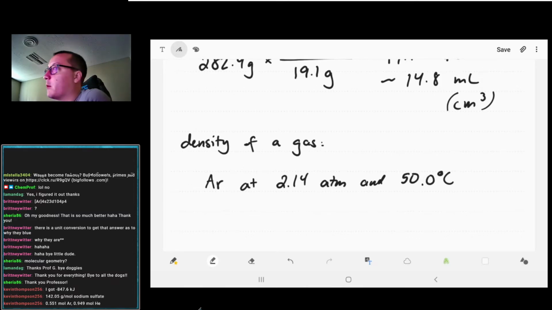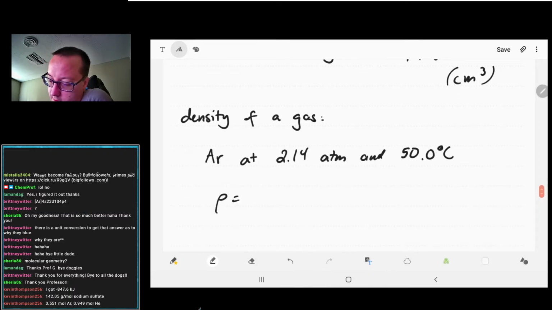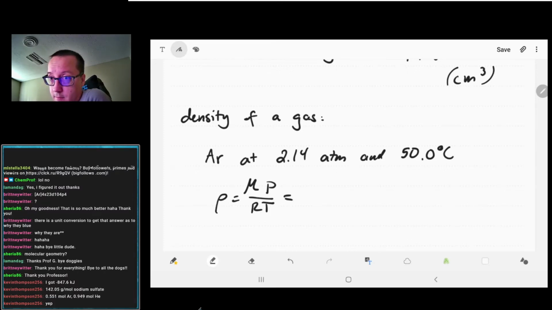So, we have a formula, right, for molar mass with the density, right? So density is going to be, I can remember this, molar mass times pressure over RT. Kevin will correct me if I'm wrong. Let me make this a happier squiggly M. Cool. Okay, good.